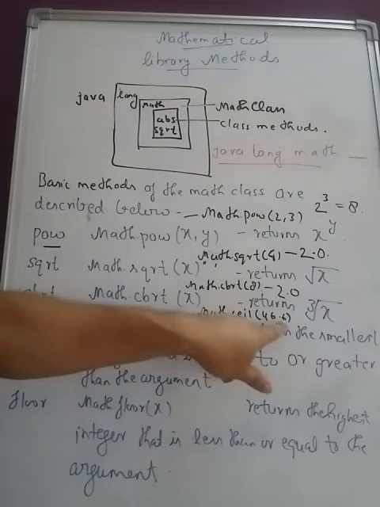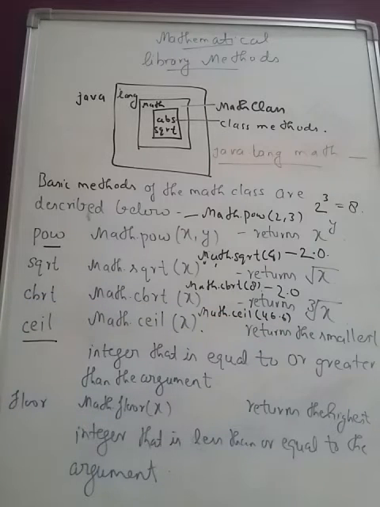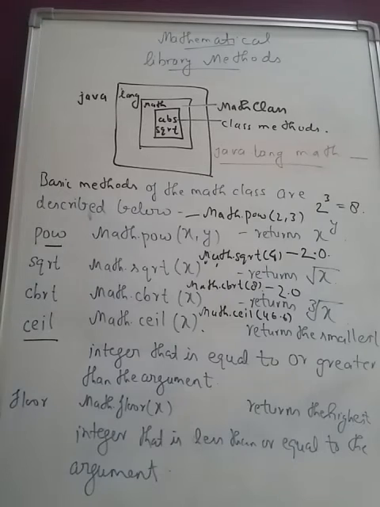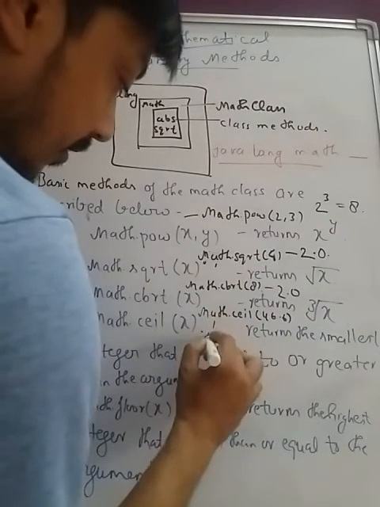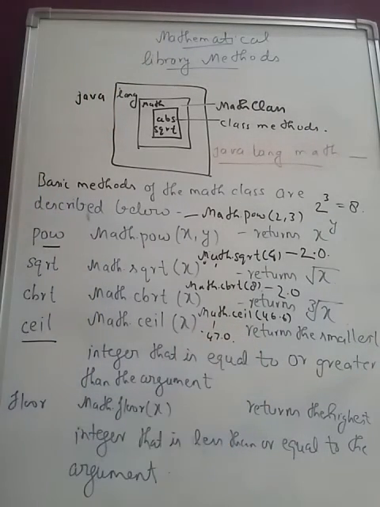For 46.6, the smallest integer greater than it is 47. So for ceil you have to select the greater value than the argument. The output for this will be 47.0. Again it provides the output as double type, so the output will be 47.